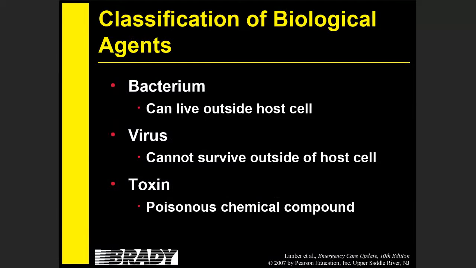Different kinds of biological agents include bacteria, which can live outside of the host cell, and something like anthrax, which is a bacterial agent, is very, very difficult to destroy or disinfect. It's a spore-forming bacteria. It can survive many, many different types of cleaning agents like bleach and peroxide.